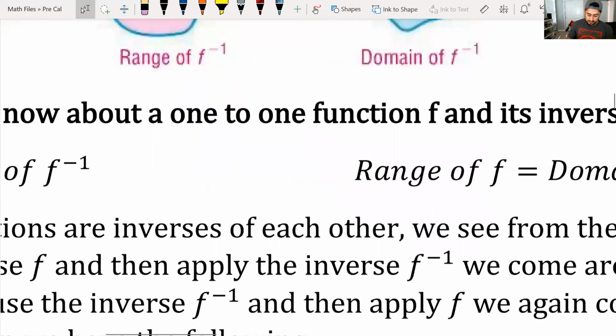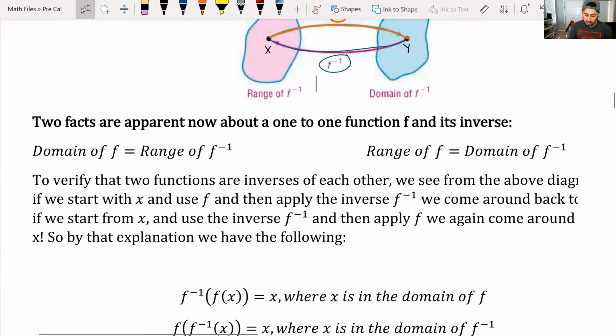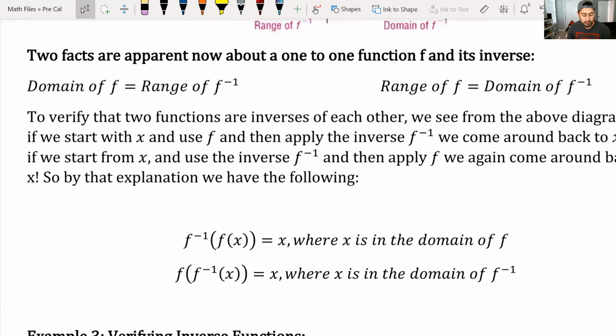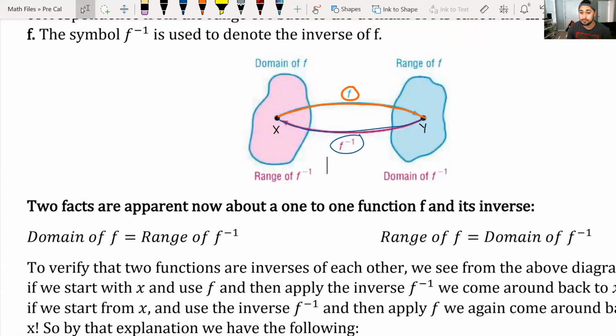All right. So some things to note about inverses. The domain of f now becomes the range of the inverse. And the range of f now becomes the domain of the inverse. All of that is given above. So if we're going back from y to x, then the range of the original function, as you see here, becomes the domain of the inverse function.